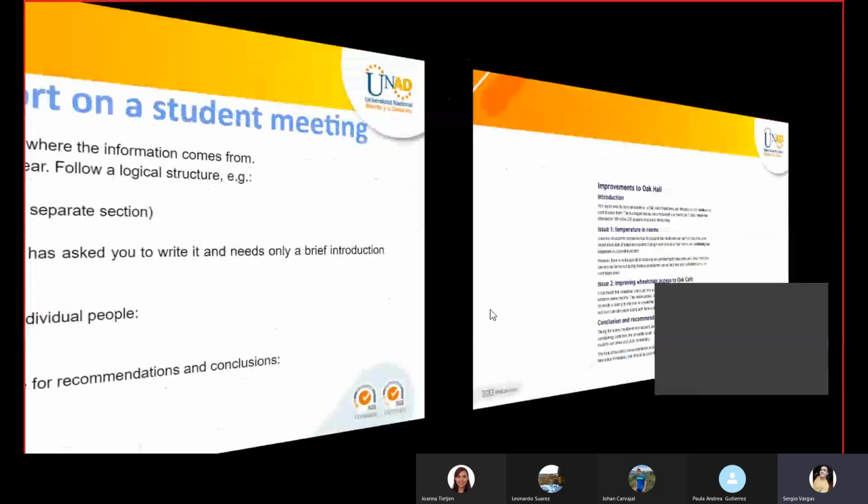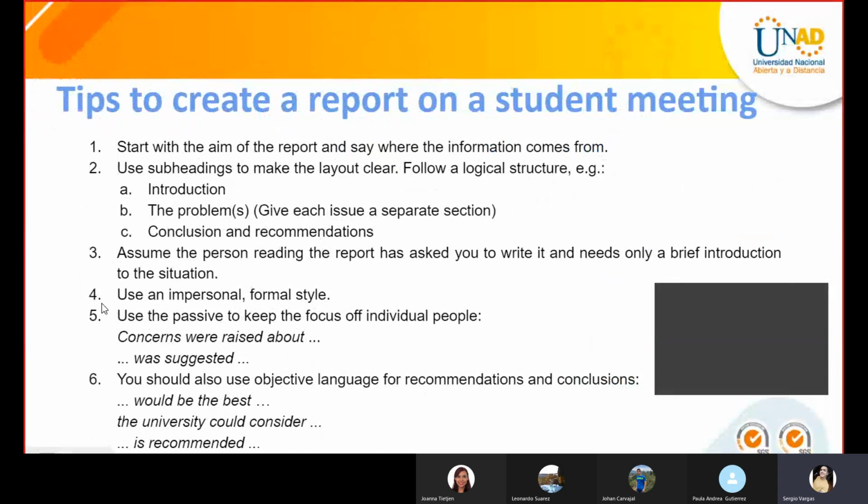So the first, start with the aim of the report and say where the information comes from. You have to write a report with a logical structure and logical information, and this information has to be clear, with the topic of the meeting.